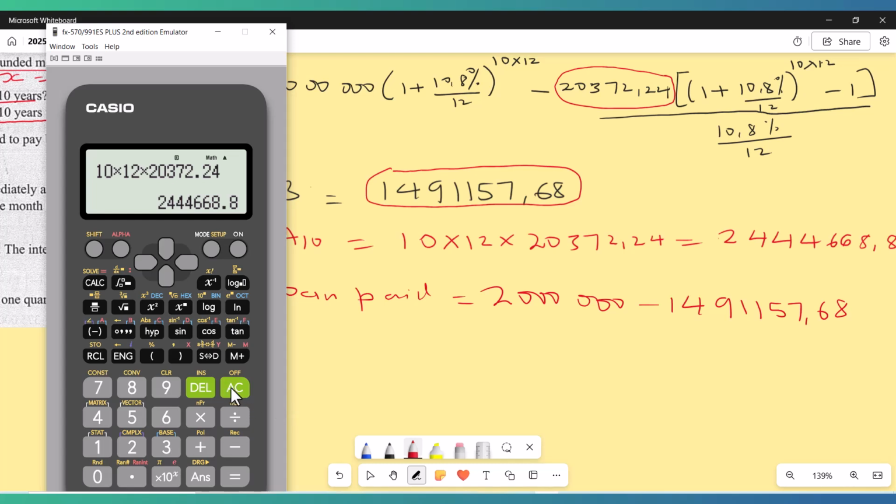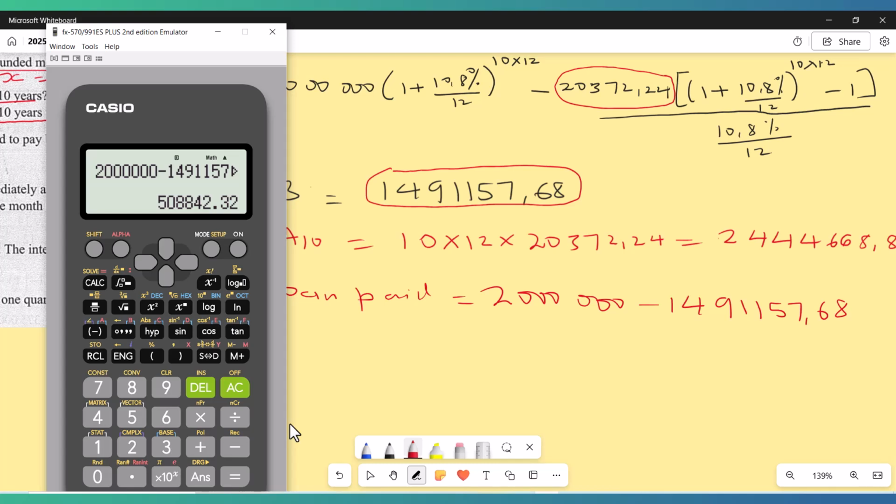If we say the 2 million minus 149,157.68, what do we get here?